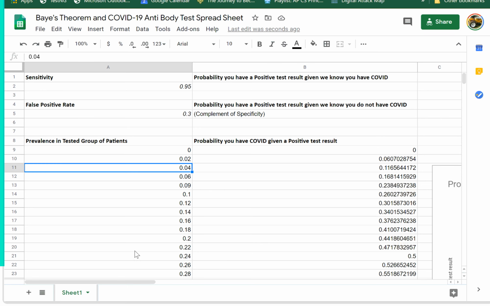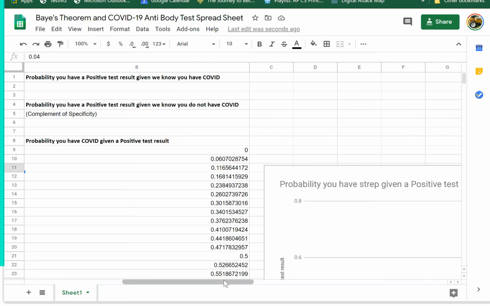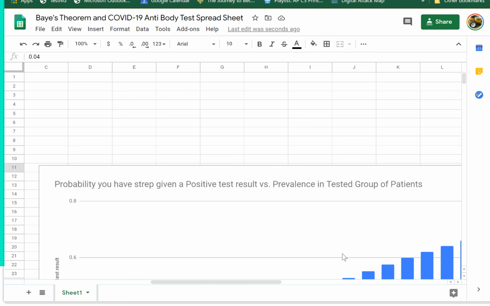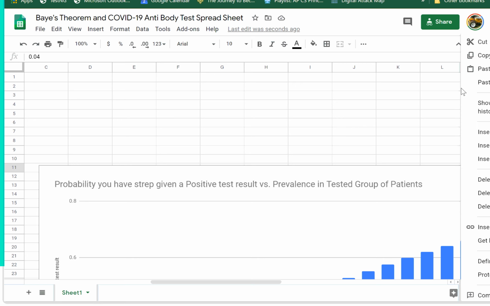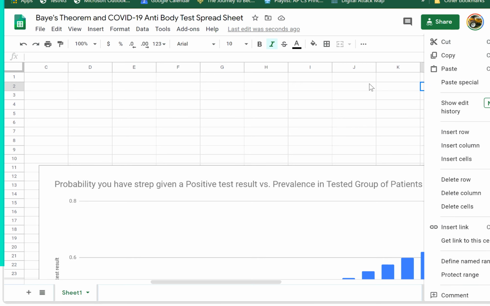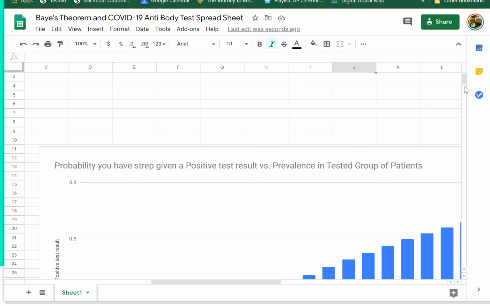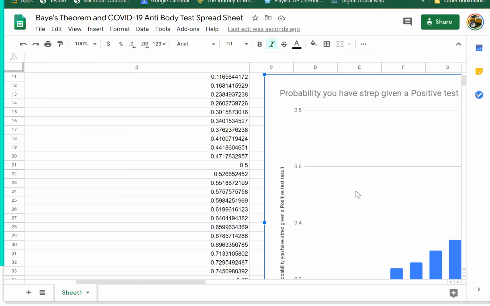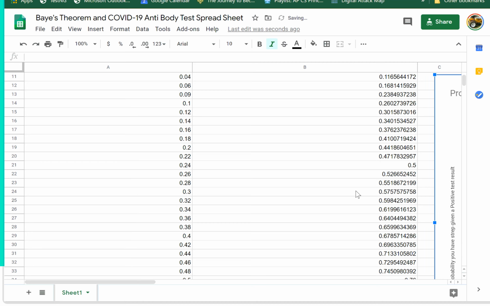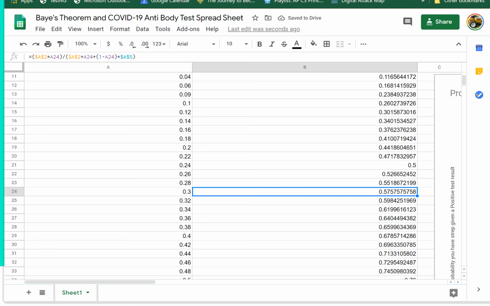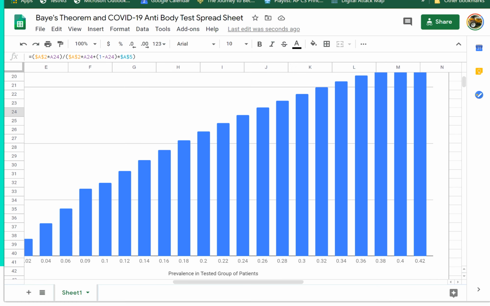What's neat about this spreadsheet also is if you take the time to look through it, there's a nice chart for you to consider. Let's just try and lower it a little bit, though I'm having a little bit of mouse trouble here. Okay, there we go.